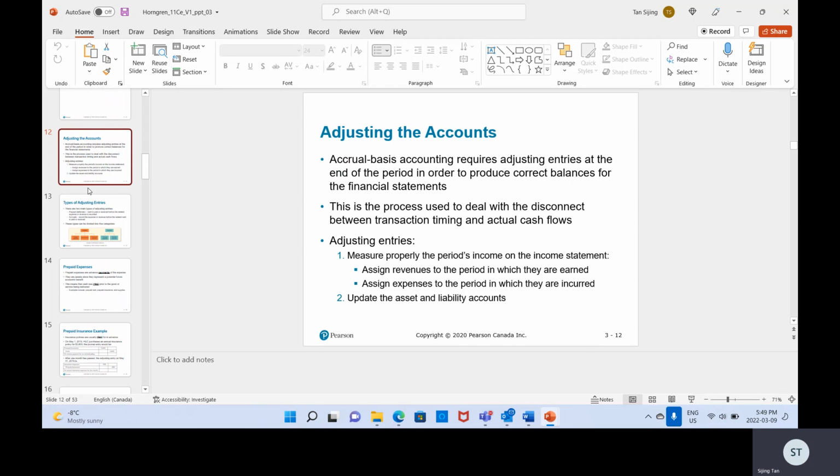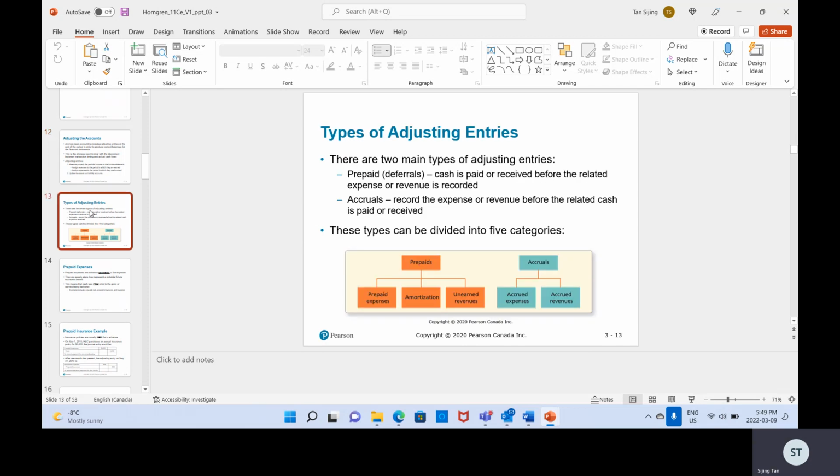They're needed to properly measure the period's income on the income statement, and bring related asset and liability accounts to the correct balance for the balance sheet. The information has been given in our exhibit. Now, we need to bring this up to date.